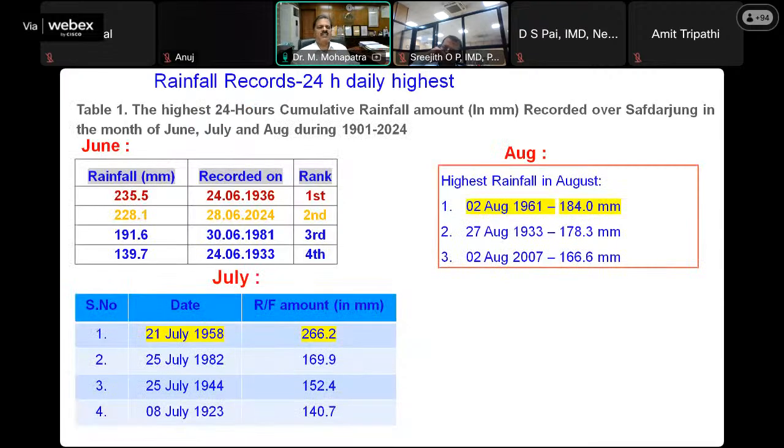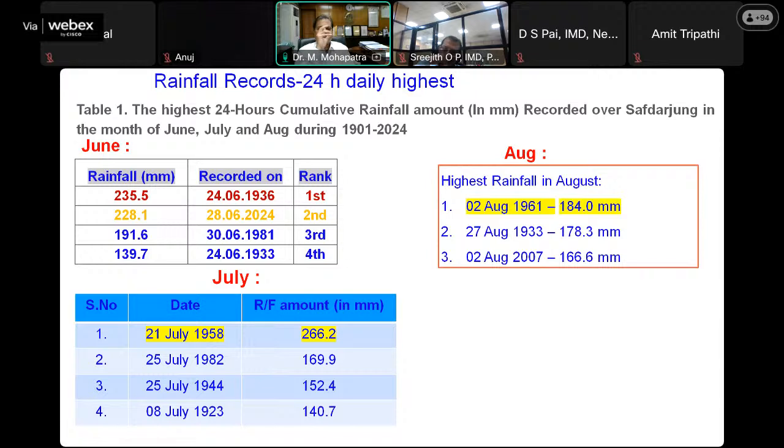Now let us look at the monthly rainfall. In the one-day rainfall in Delhi, how it happened and how it compensated the entire amount of rainfall and became a record rainfall. In the month of June, on 24 June 1936, it is 235.5 mm, so it is first rank, and then it is 228.1 mm, which we got today, that is the second rank.